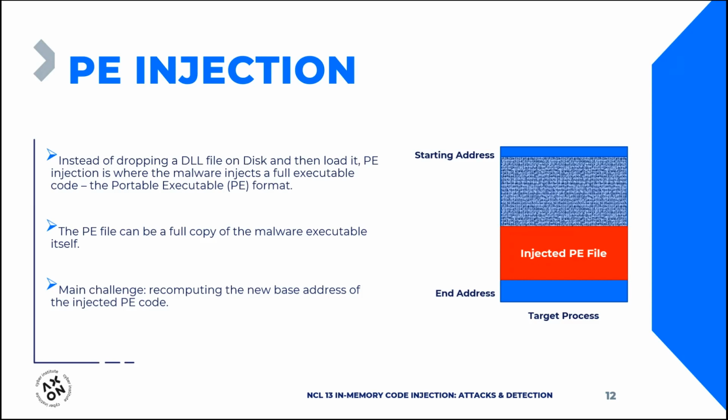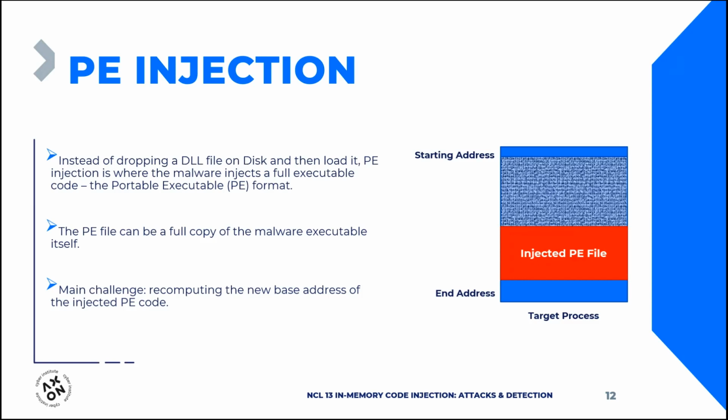But when you inject the PE from one malware process into another legitimate target process, the base address is going to change. And if you leave it there, your injected PE code will not actually work because the addresses will be messed up.